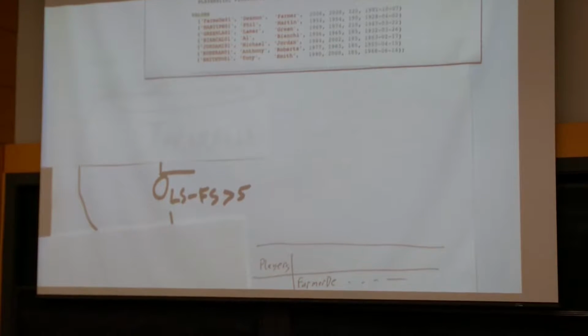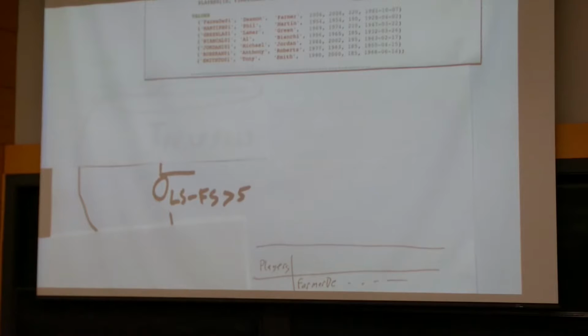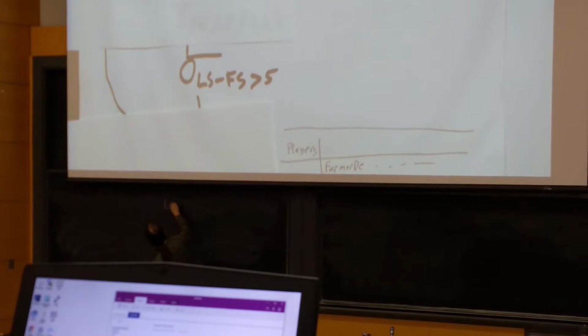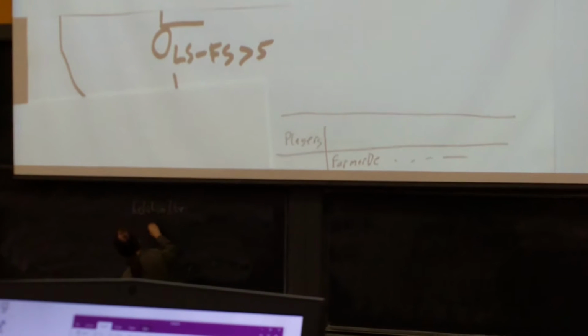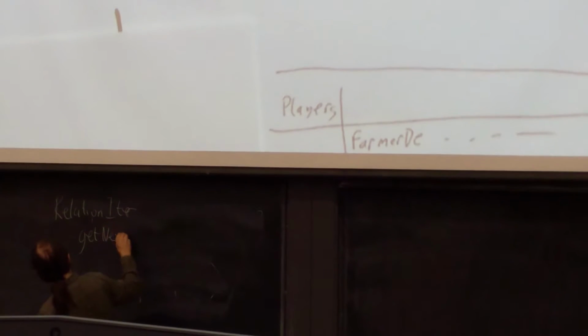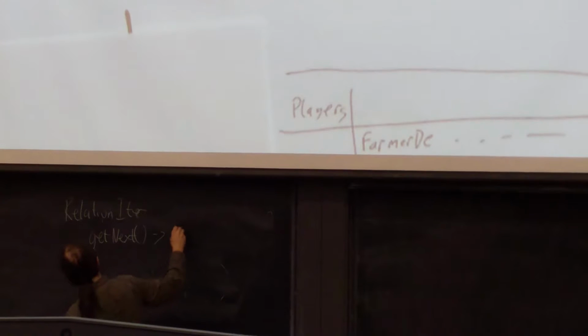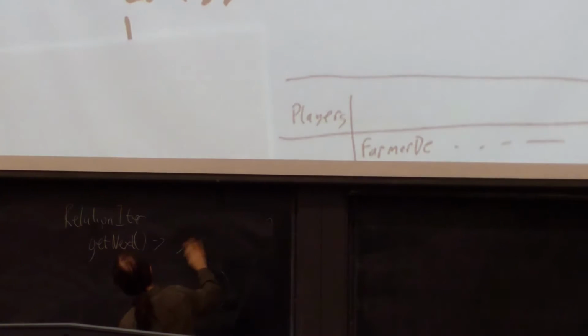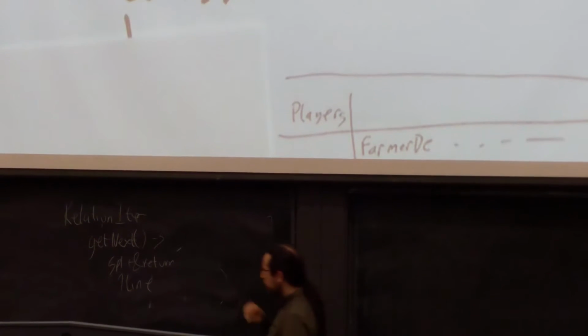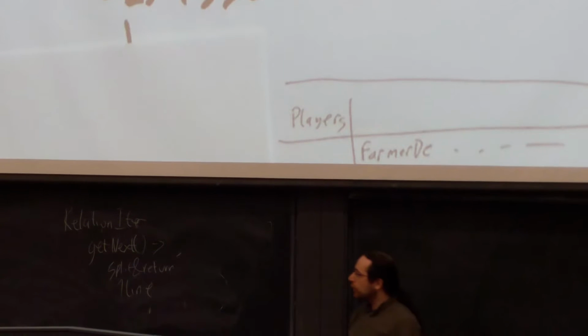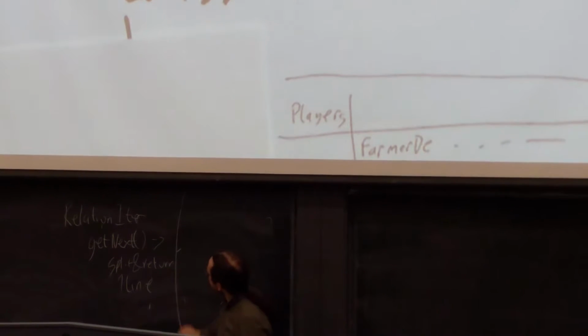So the select... The relation iterator splits and returns one line of my CSV file.